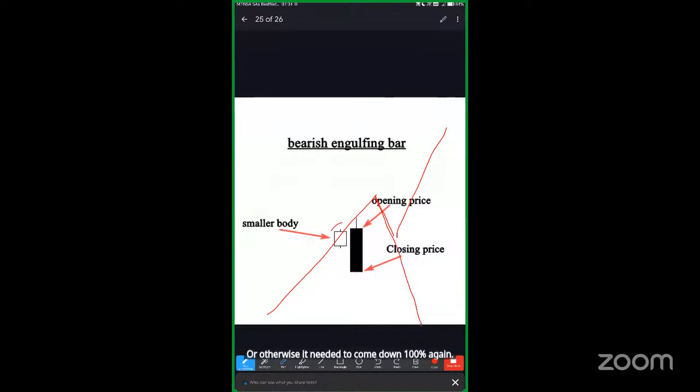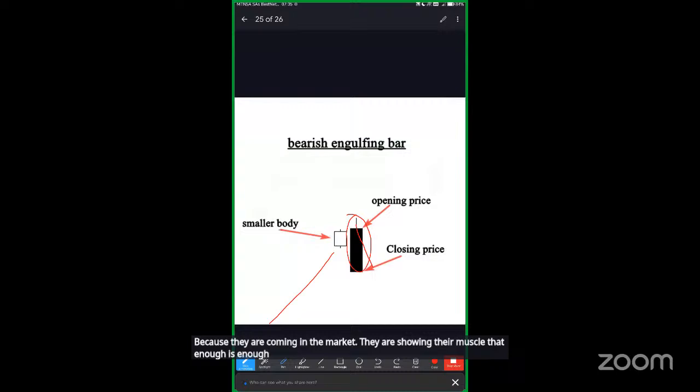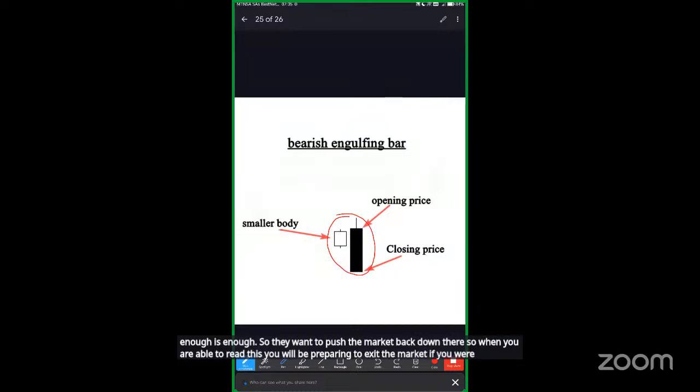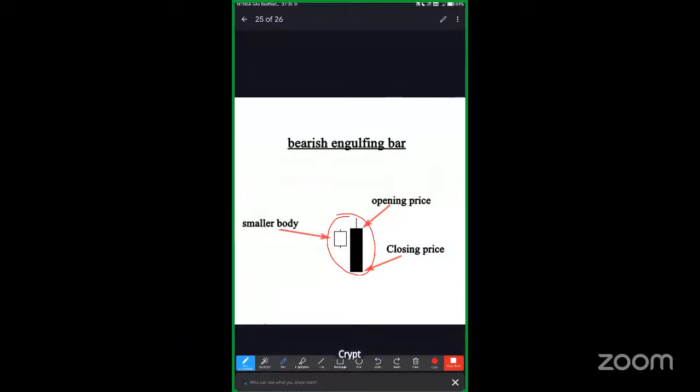So in this scenario, bears are coming into the market. They are showing their muscle that enough is enough. They want to push the market back down. So when you are able to read this, you will be preparing to exit the market if you were trading this particular crypto when the market has gone high up.